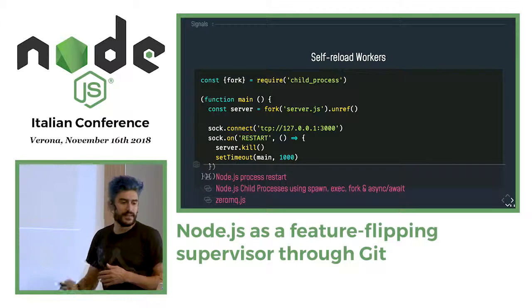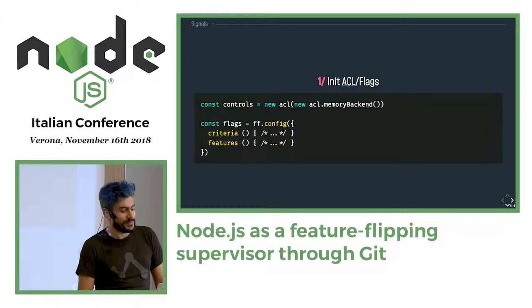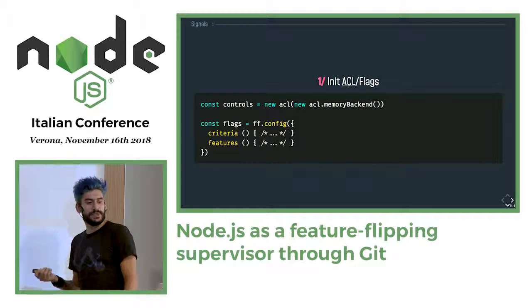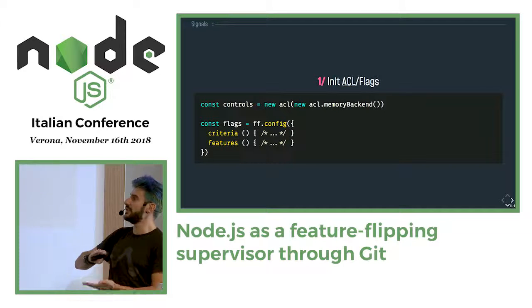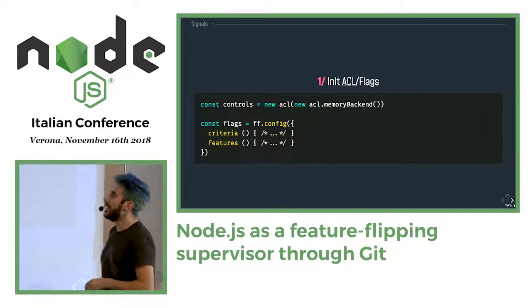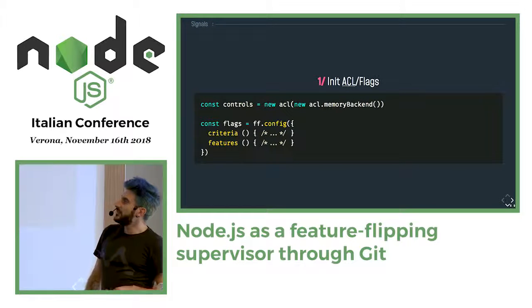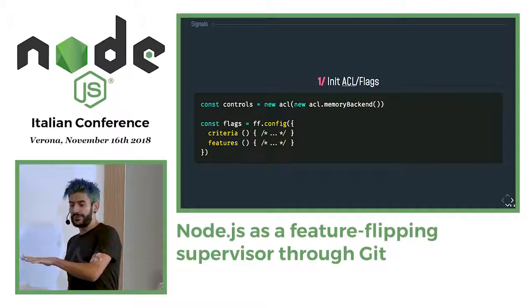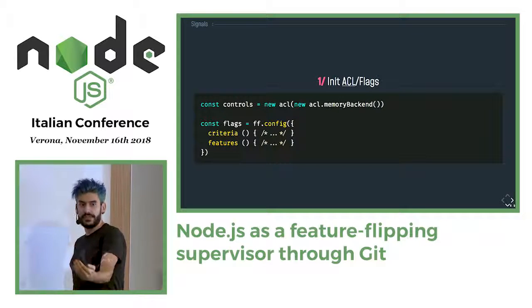About flags and feature flags. It's sometimes really easy to reload them. When you start your application, you just create a new controls instance, which is an ACL store, stored in memory or any other backend you want, and you define two kinds of options. The criteria. Criteria define on which basis you enable or disable a flag for a dedicated user.